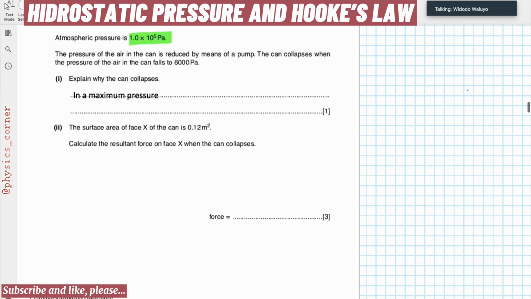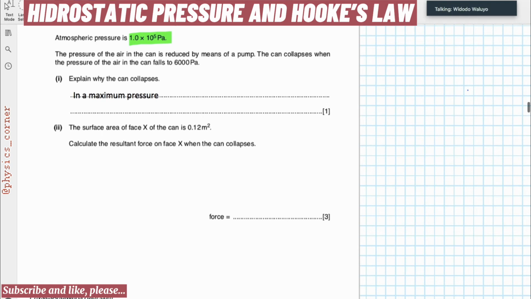The pressure of the air in the can is reduced by means of a pump. The can collapses when the pressure of the air in the can falls to 6,000 Pascal.